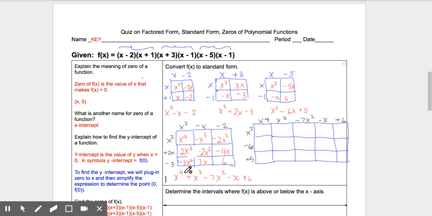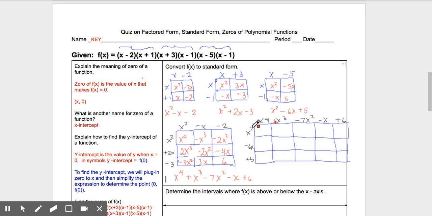Notice that x to the fourth plus x cubed minus 7x squared minus x plus 6 is right here. Forgot to put plus. Okay, and the last trinomial here is right here in the width of the rectangle.